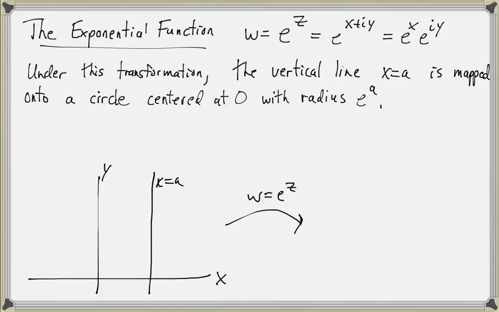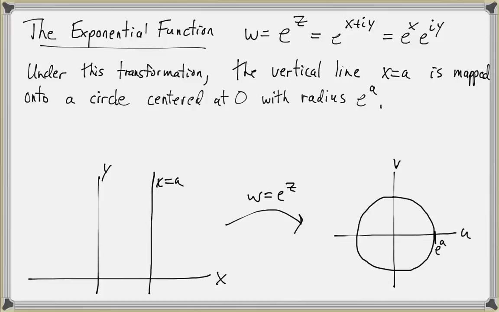So the vertical line x equals a would be transformed under this transformation e to the z onto the circle in the w plane centered at the origin with radius e to the a.